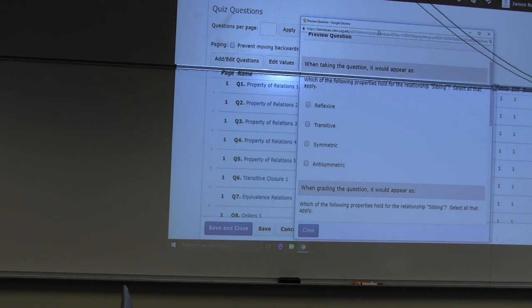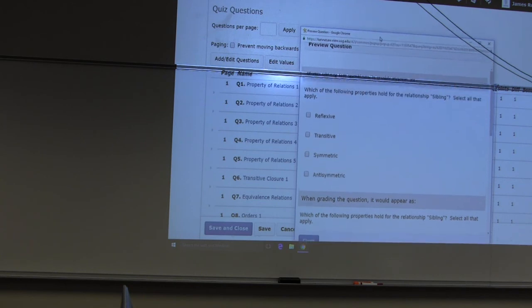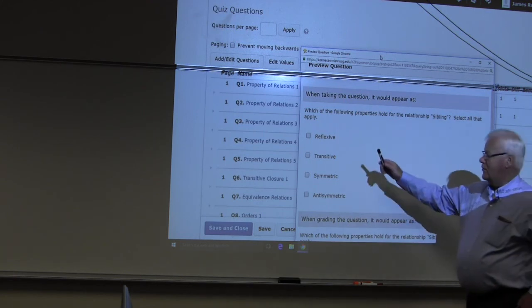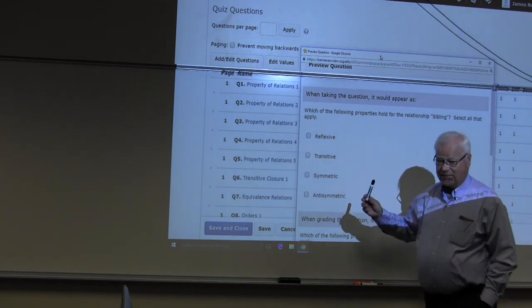First of all, in relations we talk about the properties of a relation. And the properties we've talked about are reflexive, transitive, symmetric, and antisymmetric.